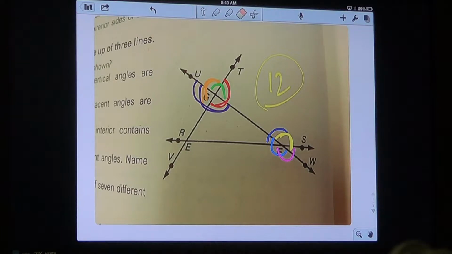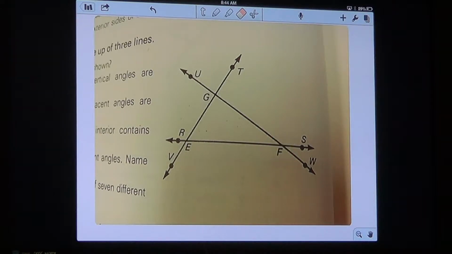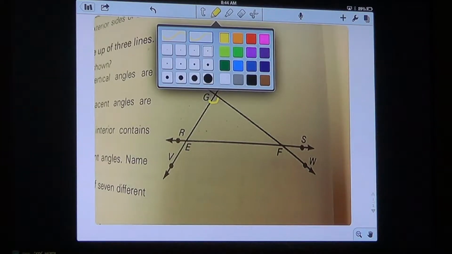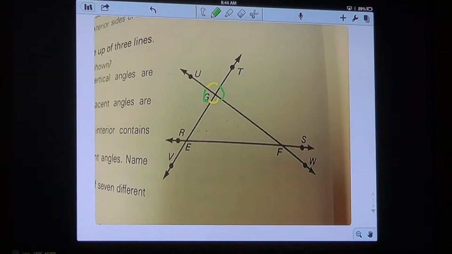Okay? And 20 is what I didn't understand. Number 20, how many pairs of vertical angles? Vertical angles are diagonal to each other. So these are vertical angles, and these are vertical angles. That'd be 2 pairs.